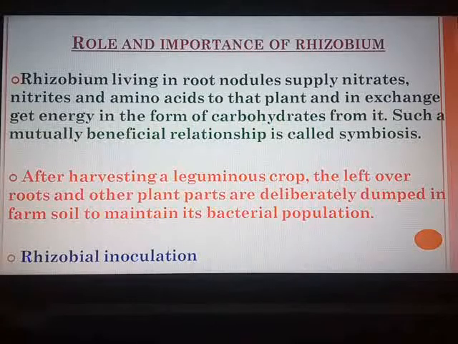With this, we wind up our today's session. The last useful microbe is yeast, which we are going to start in our next session. One small homework, not exactly homework, but information which you have to obtain from the net.